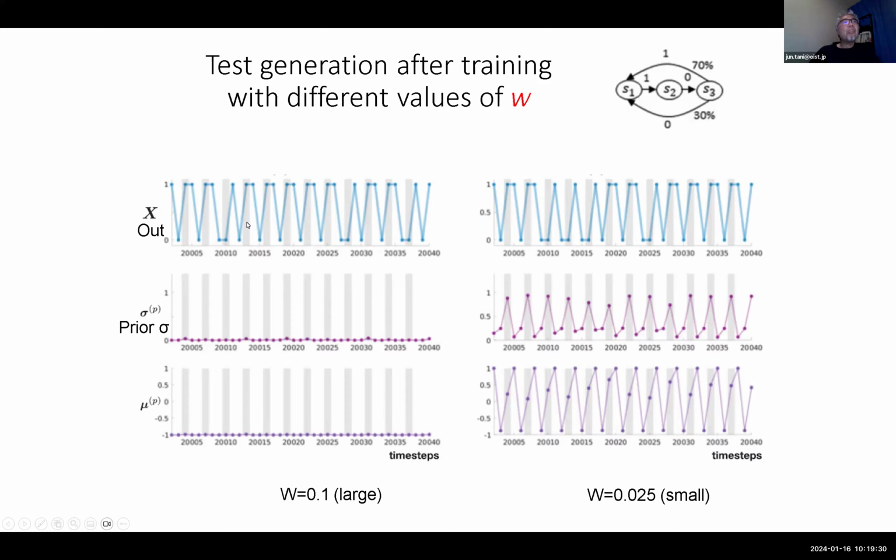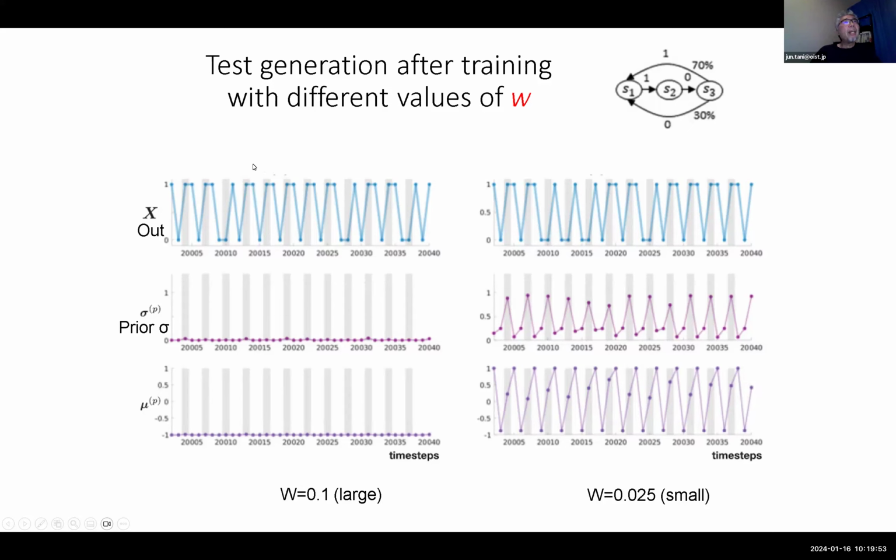First we look at the large case. This is the output generated after the learning: 1, 0, 1, 1, 0, 1, 1, 0, 0, 1, 0, 1, 1. Anyway, this is mostly following this probabilistic finite state machine, so the output is almost okay.